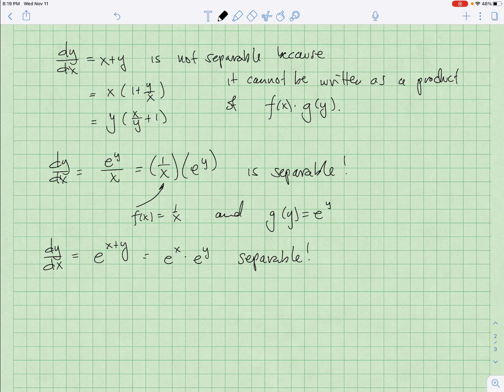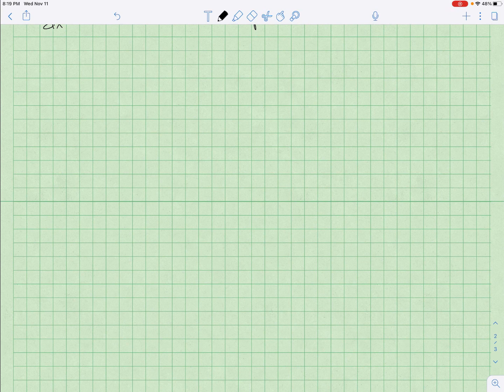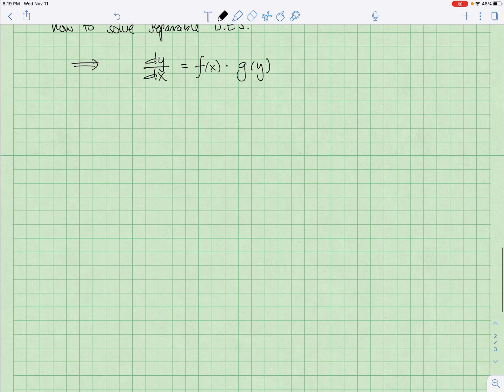So why is something that's separable so dynamite? Well, how to solve separable differential equations. If it is separable, dy over dx equal to f of x times g of y, then what we're going to do is actually separate the variables.